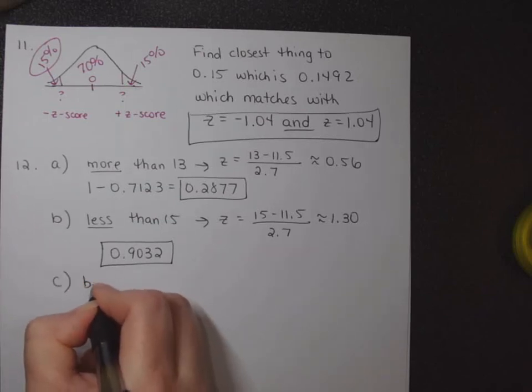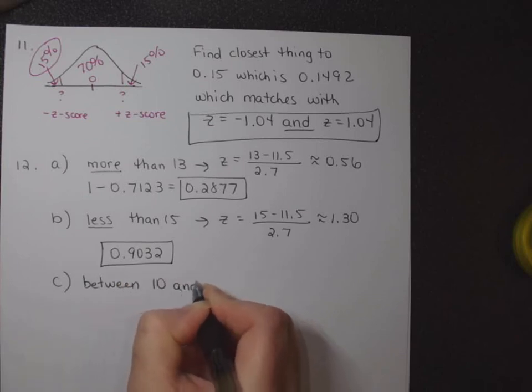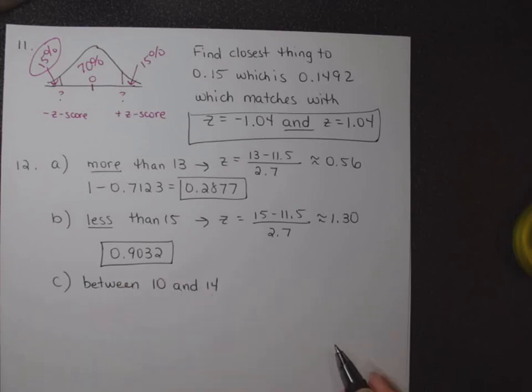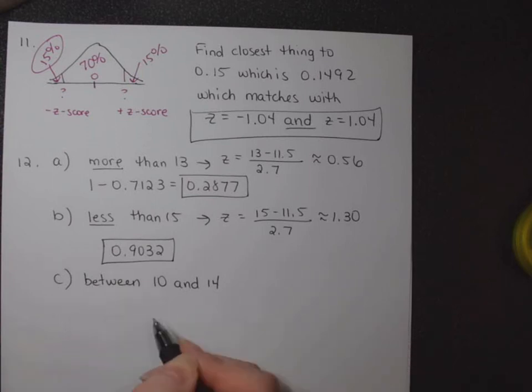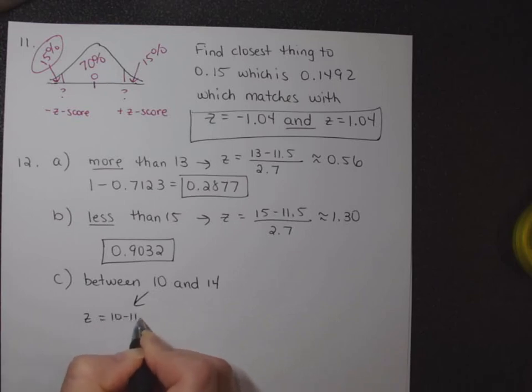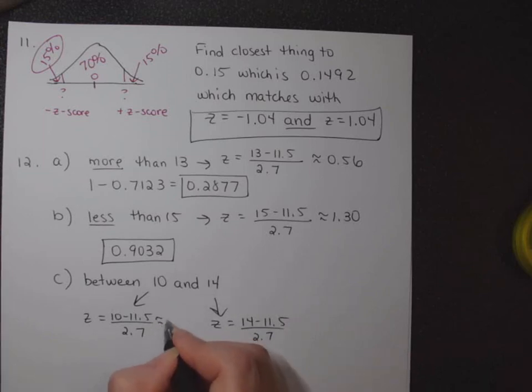Part C is the probability of between 10 and 14. So you're going to need to find z-scores for both. The z-score for this one is going to look like 10 minus 11.5 over 2.7, whereas the z-score for this one looks like 14 minus average over 2.7. So the z-score for this one comes out to be negative 0.56.